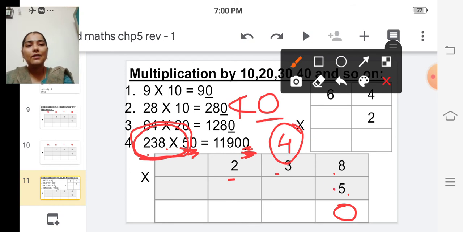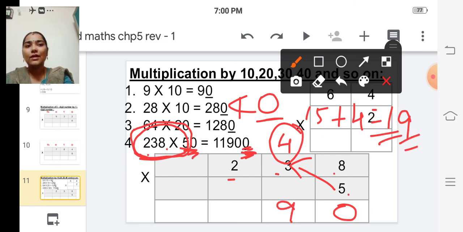Then multiply 5 into 3. 5 3s are 15, isn't it? 5 3s are 15 and 15 plus 4 is 19. So we have to write this 9 in the answer and we have to carry over this 1 to the next place. Okay. Now multiply this 5 into 2.